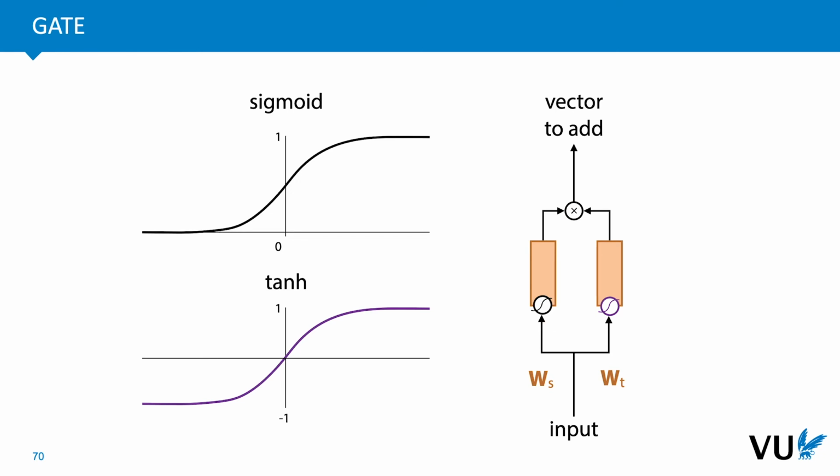So it's interesting to lift this out of the LSTM cell and see what's happening here. This basic principle of taking an input, multiplying it by separate weight matrices, one sigmoid activated and one tanh activated, and then element-wise multiplying the results, is known as a gate.